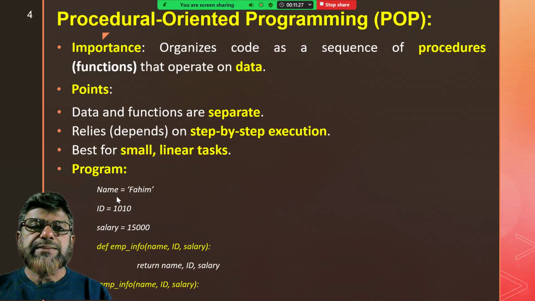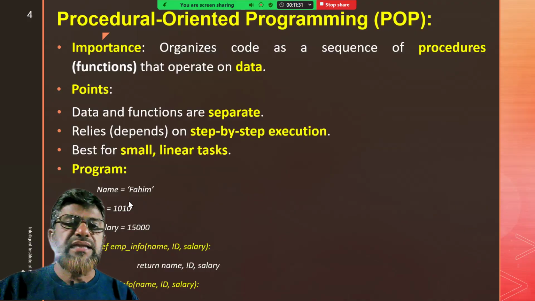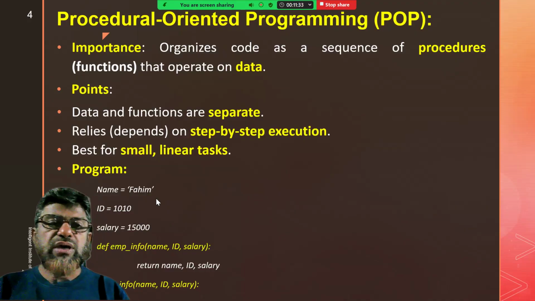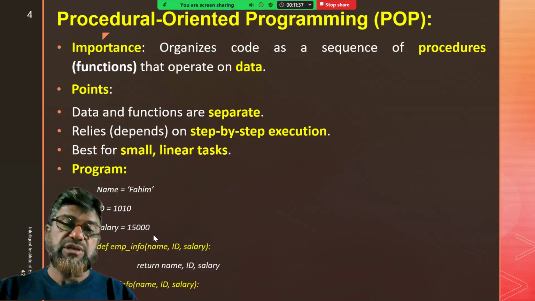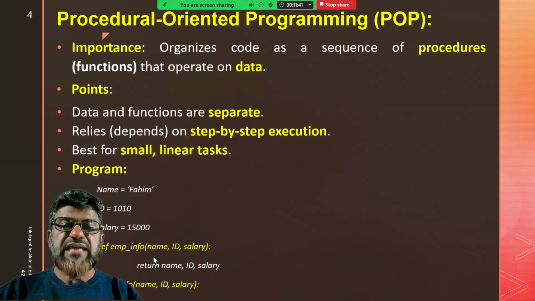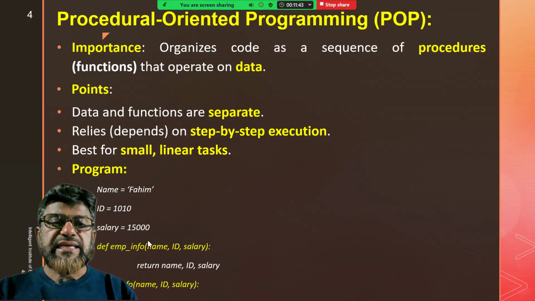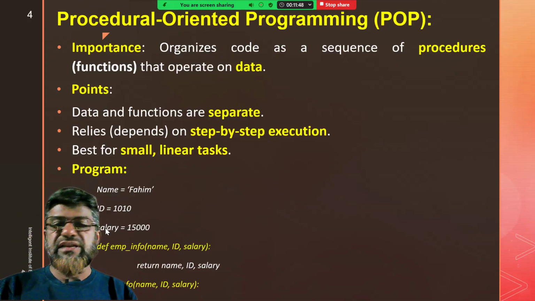For example, to get the details of an employee, I have taken three pieces of data: the name of the employee, the ID of the employee, and the salary of the employee. Here I have created one function, and in the function I have passed the arguments name, ID and salary. This data we have stored in these variables.